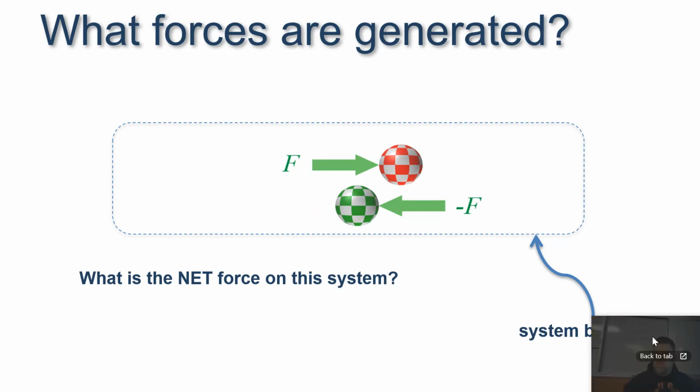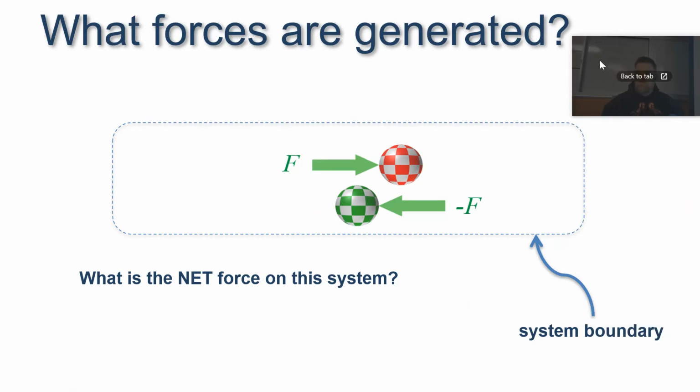So, I got to move my face. So we can, again, define our system where we want our system to be. Okay? In general, draw a little box around it and say system boundary. We can define our system. We like a closed system, but we can define wherever we want it to be.